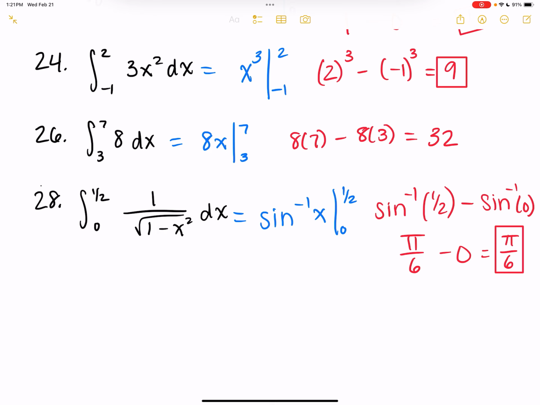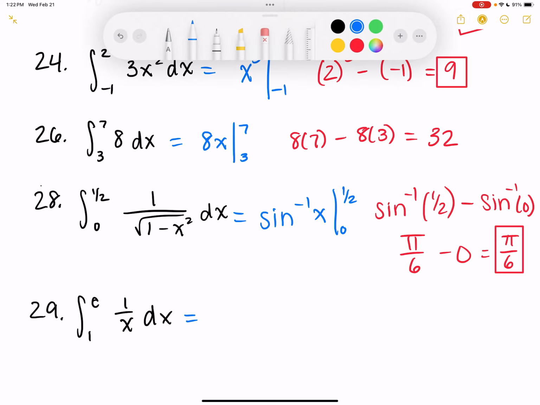All right, I'm going to do an odd one, which is out of the ordinary, but it's a necessity. The integral from 1 to e of 1 over x dx. Okay, well, so we have ln of x evaluated from 1 to e.